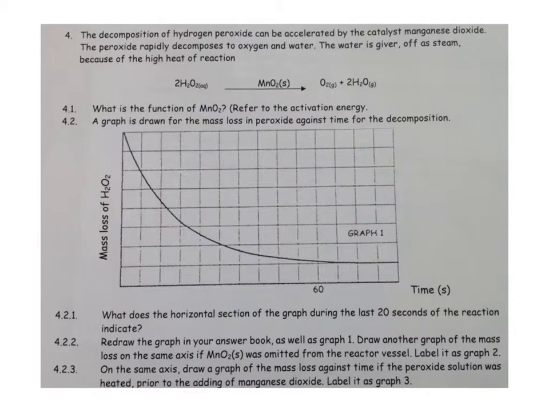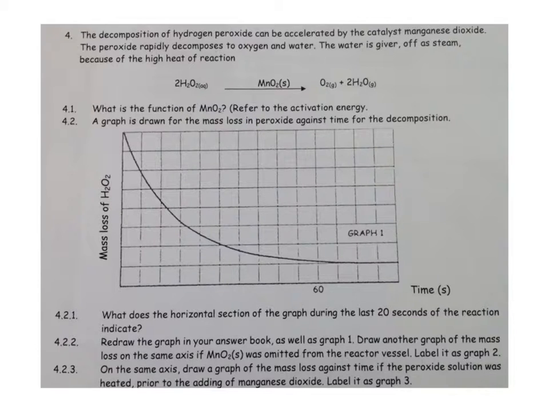If we're looking at number 4, the decomposition of hydrogen peroxide can be accelerated by the catalyst manganese dioxide. The peroxide rapidly decomposes into oxygen and water. The water is given off as steam because of the high heat of the reaction, and you've got hydrogen peroxide decomposing into oxygen and water. What is the function of the manganese dioxide? Refer to activation energy.